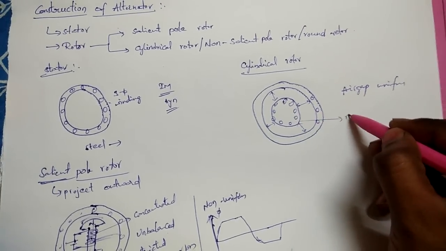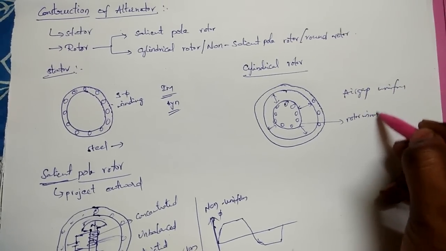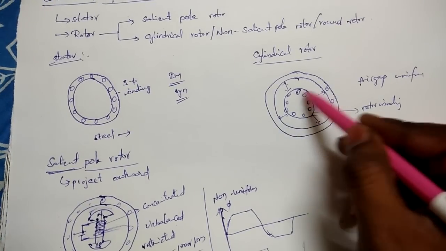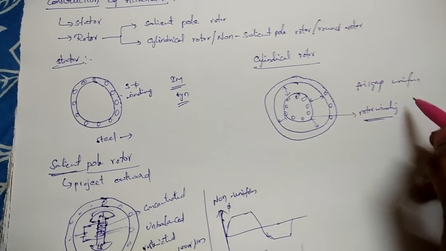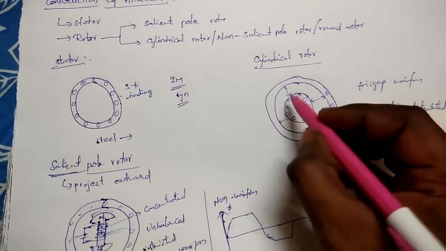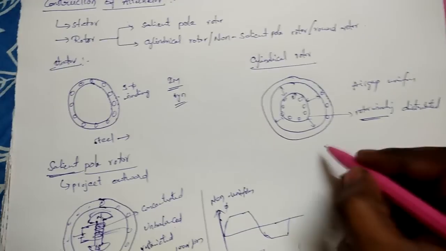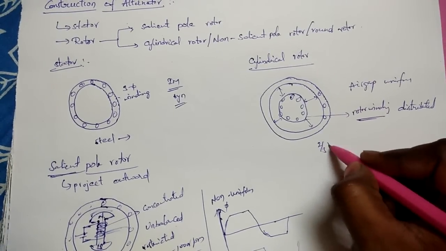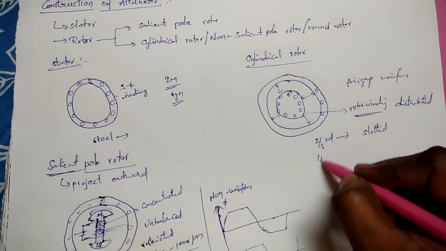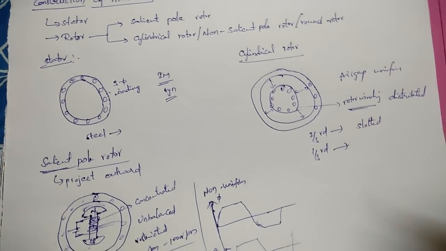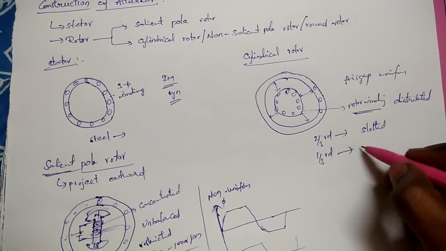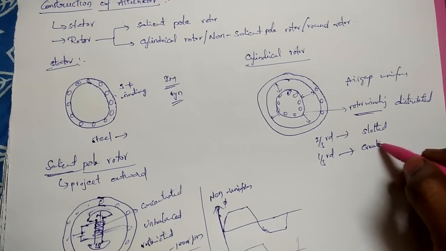It is a distributed winding, whereas the salient pole rotor has a concentrated winding. Two-thirds of the rotor periphery is slotted, and the remaining one-third is intentionally unslotted for the creation of poles.